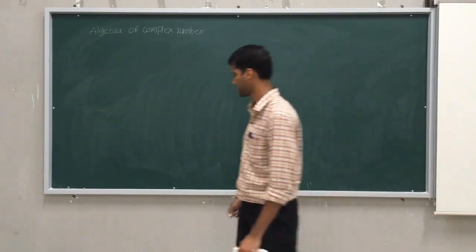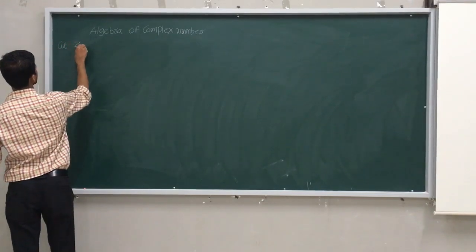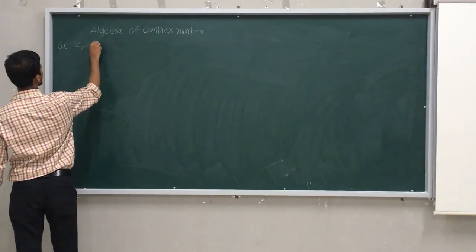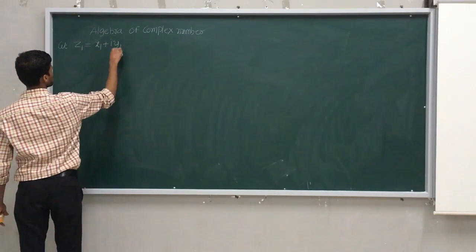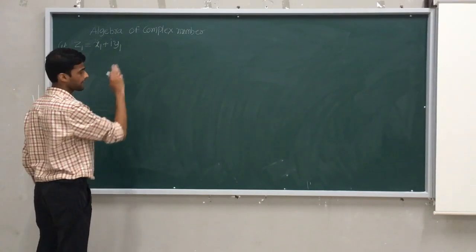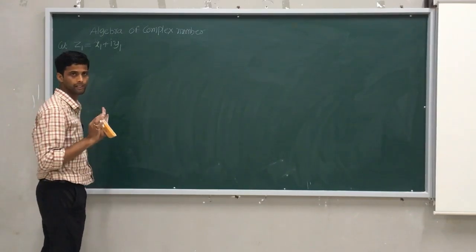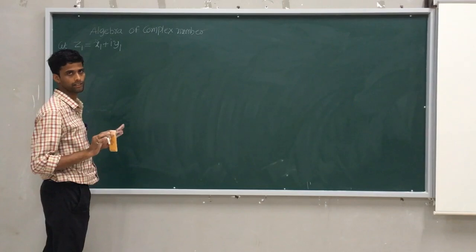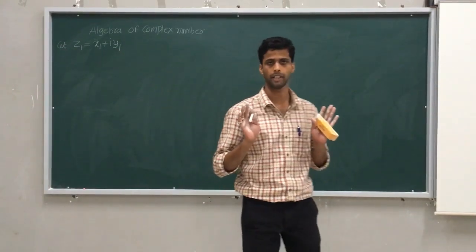Okay, so what I will do is, let z1 equal to, you may take notation as x1 also. It is your wish. I have taken a1 plus ib1. You may take x1 y1 also. So let me take it as x1 y1. Don't stick on to one notation. If you are comfortable with a and b notation, keep a and b.